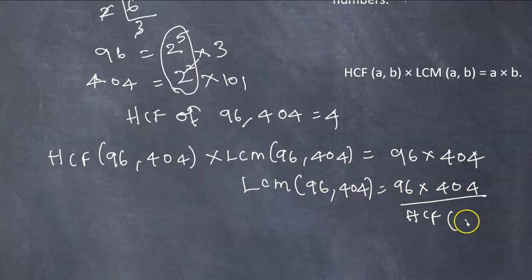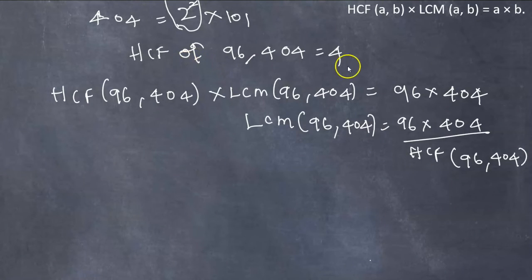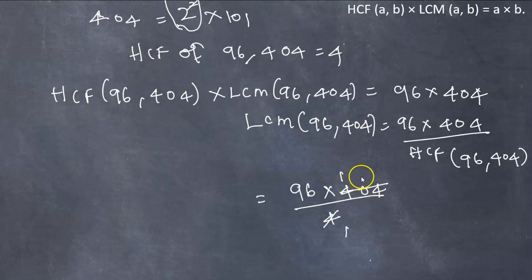So the HCF of 96 comma 404 is 4. We'll substitute the value here, which equals 96 into 404 divided by 4. We can cancel this: 4 ones are 4, 4 ones are 4, 4 zeros are 0, 4 ones are 4.